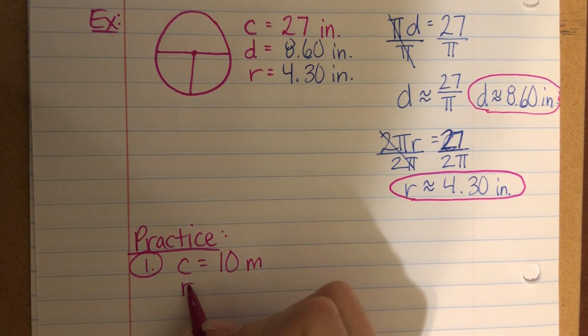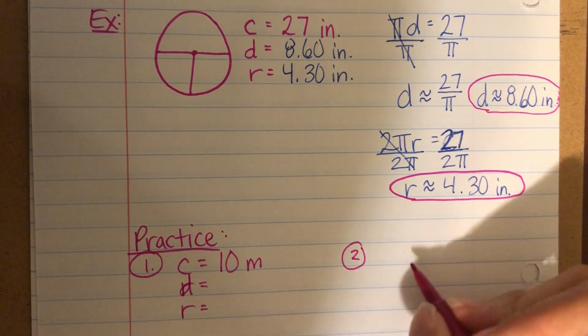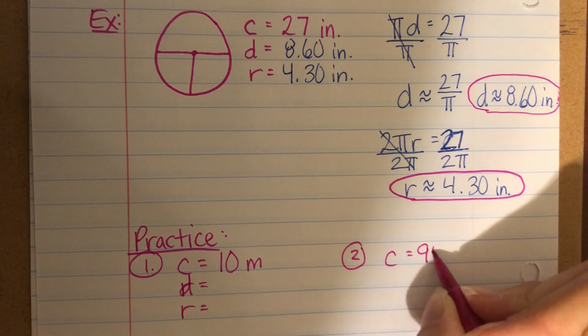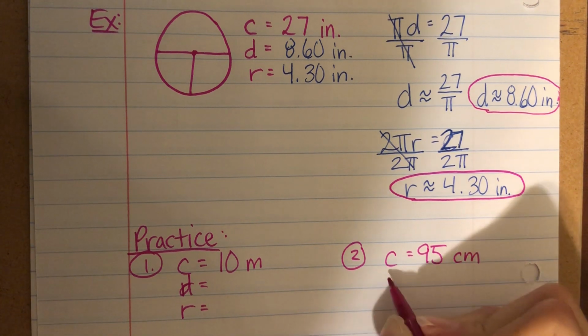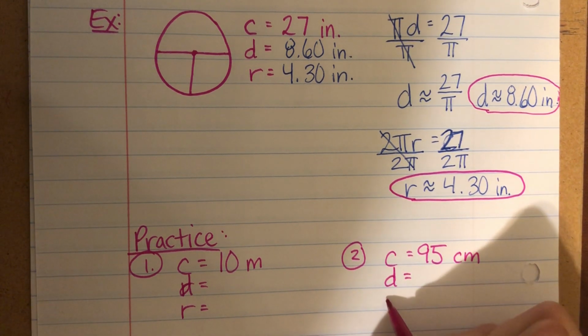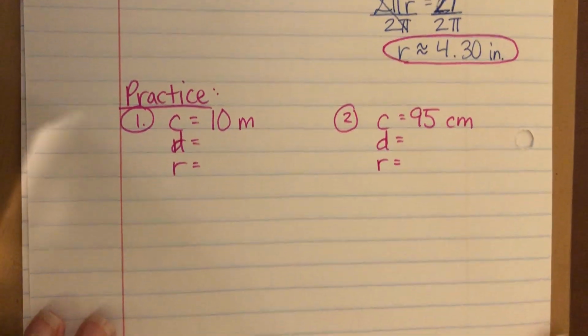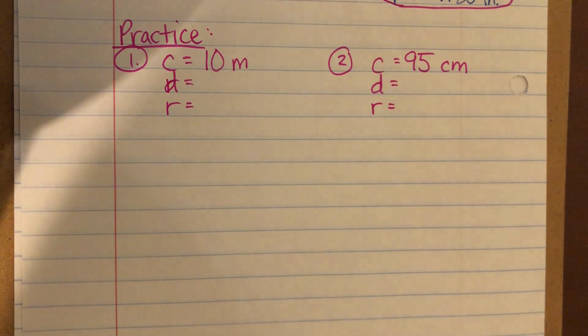Find the diameter and the radius. This time your circumference is equal to 95 centimeters. So find the diameter and the radius. Go ahead and pause it and do that work real quick.